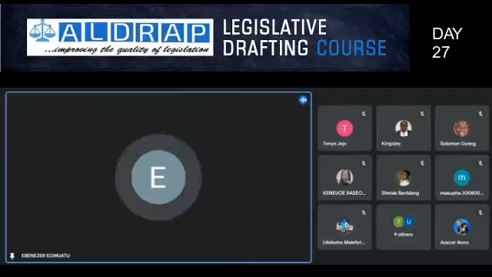You also remove anything that will be a clog, a hindrance to the realization of the principal provision. But the main thrust of your bill is the principal provision.